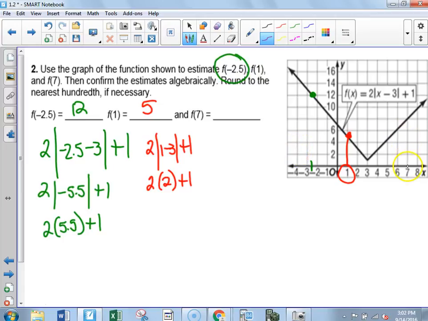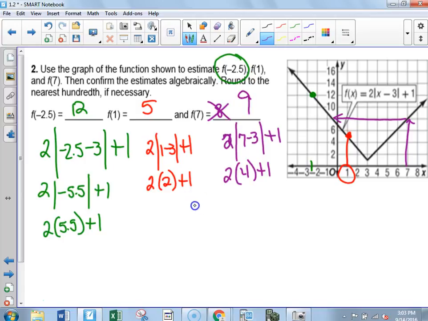This one looks like what? I don't know why, but this is not accurate at all. If we put in a 7, it looks on the graph like we're going to get out an 8. But what happens if I put in a... Ooh, not that. What if I put in a 7 where I'm supposed to put in the 7? 2 times 4 plus 1 should be 9, yes?